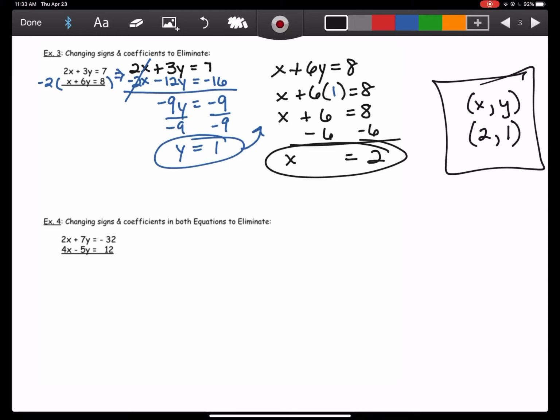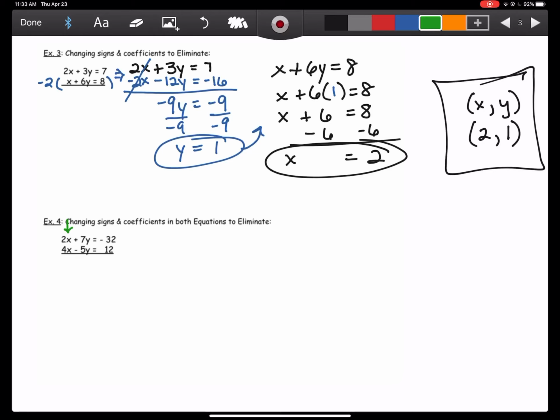Changing signs and coefficients in both equations to eliminate. Okay, let's see. Would it be easier to change... Oh, I guess I made a mistake. You don't really need to do that. So the 2x and the 4x, I actually don't need to change the signs and the coefficients in both. I could just multiply the top equation.